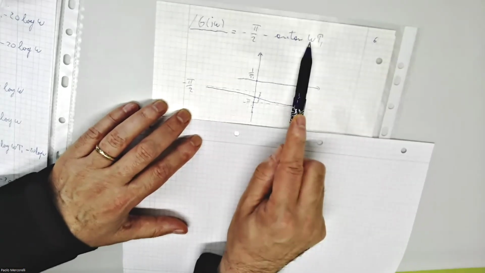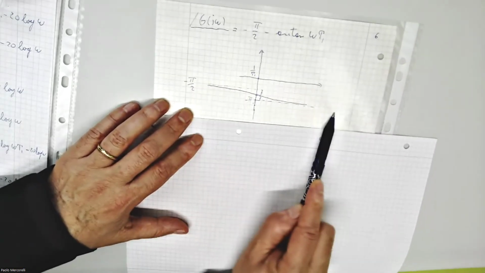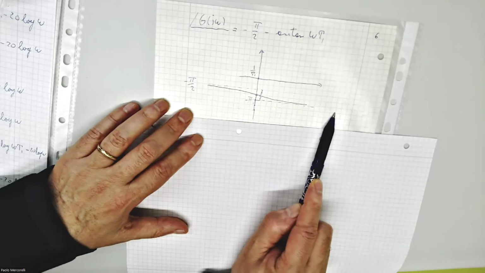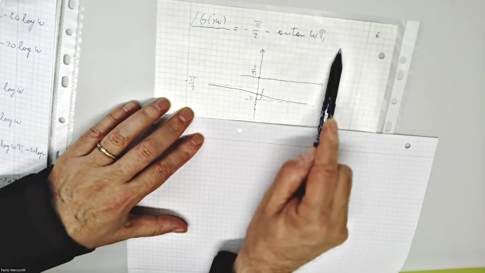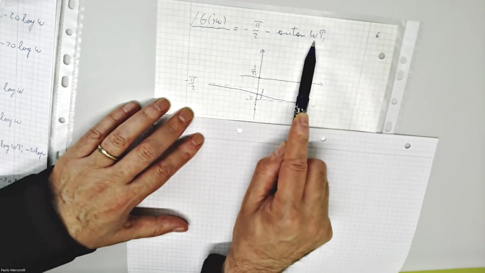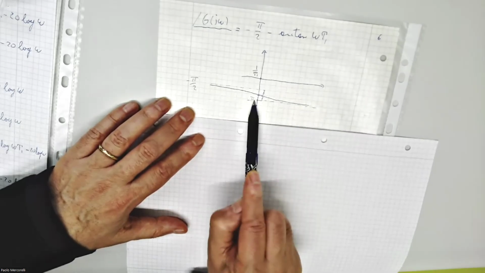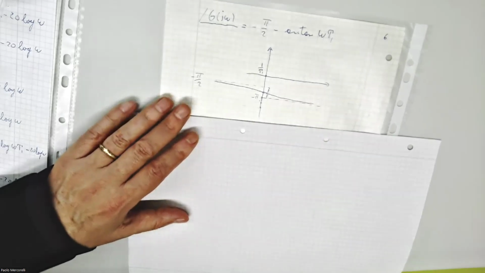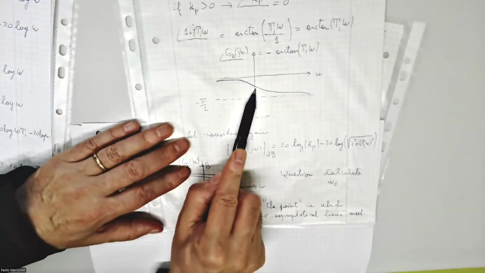This means for omega 0, we are here, and then we go to minus pi because we have to sum up. For this infinite we have seen before, that is pi divided by 2, minus pi divided by 2, we go to pi.